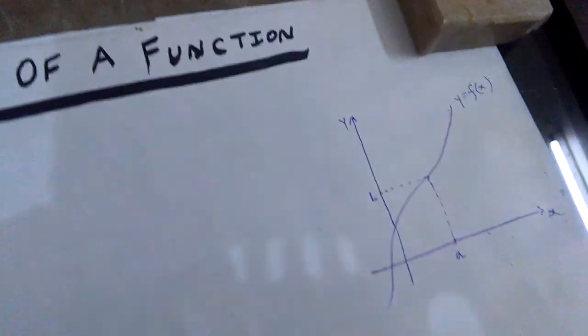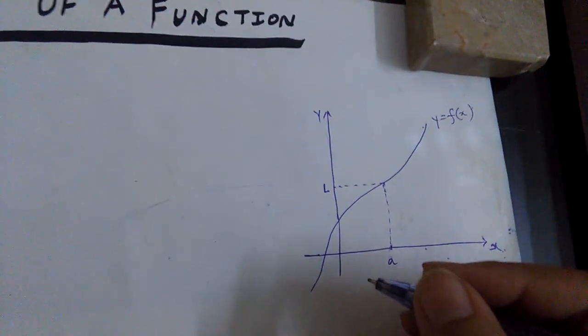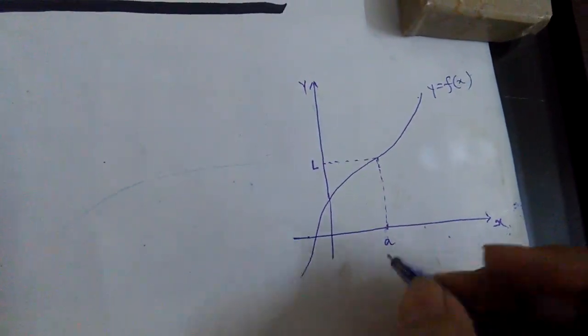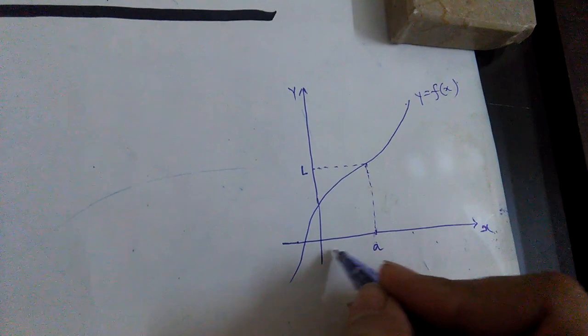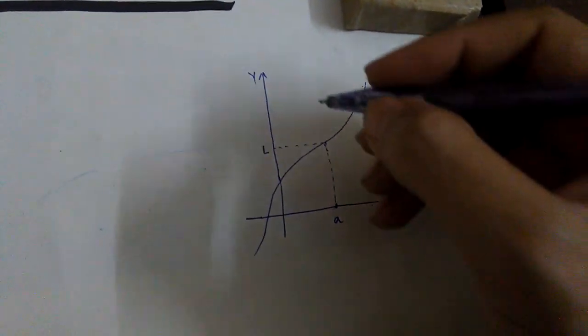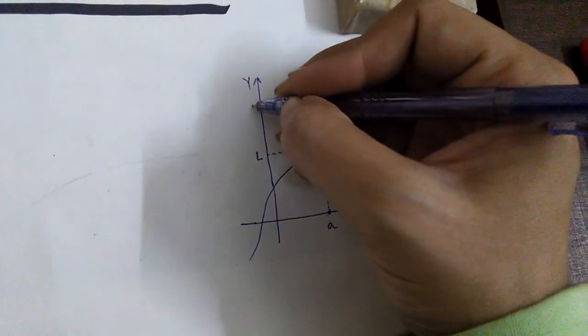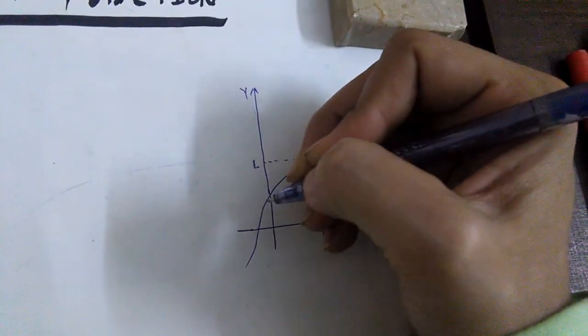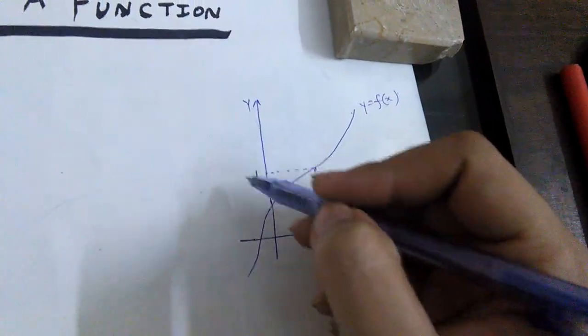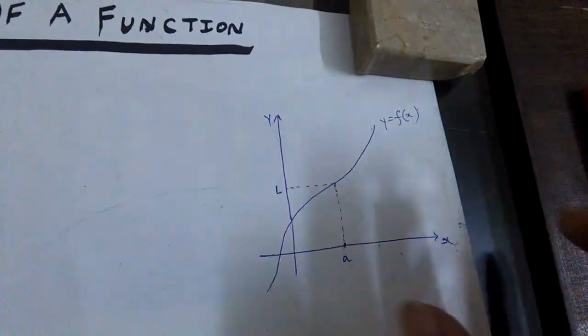So now I just say that when my x is approaching towards A, either from the left side or from the right side, the function f of x values are going to approach towards L anyhow. Okay, then this L is going to be declared as the limit of this function.